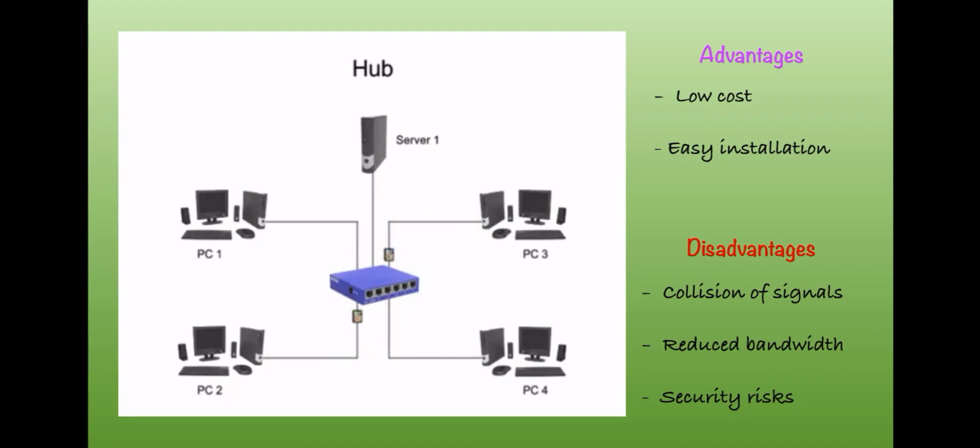So there is collision of data and data loss, because of which bandwidth is reduced. So they are in the same collision domain. It can happen that all the 4 PCs send data at the same time, and there will be collision of data and loss of data or information in the same collision domain. So these are the certain advantages and disadvantages of hubs.